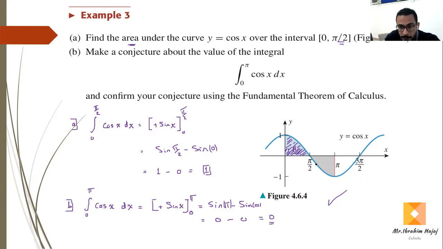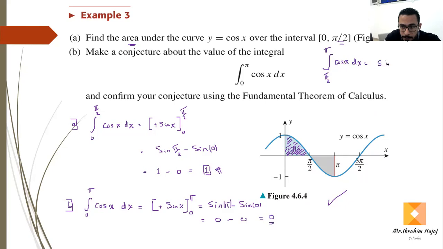Why? Because the area from 0 to pi over 2 is 1, and the area from pi over 2 to pi is negative 1. So let's find the area from pi over 2 till pi of cosine x dx.